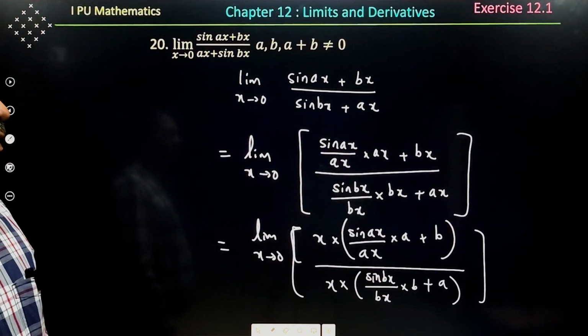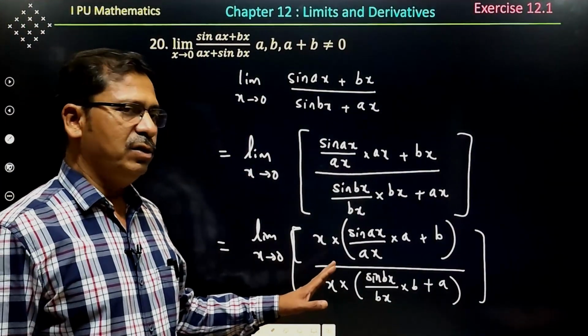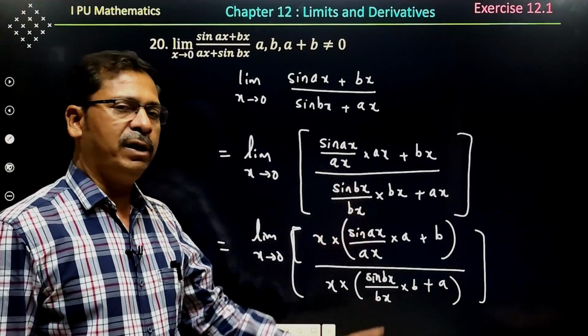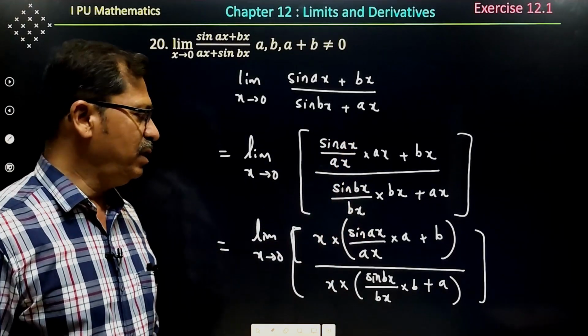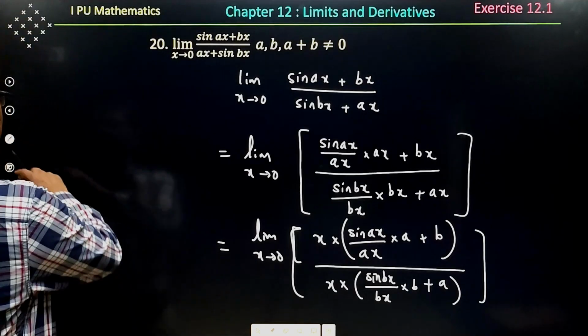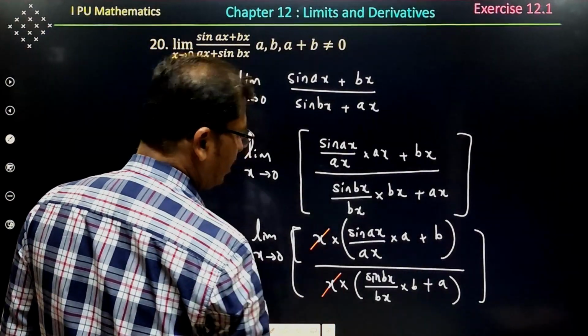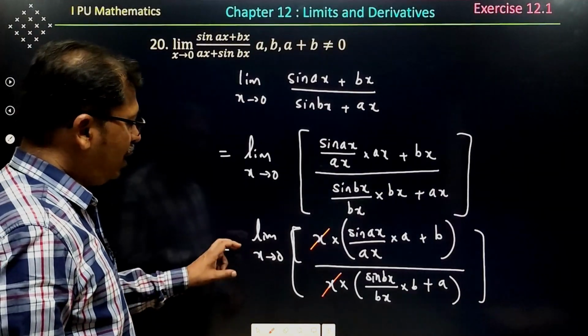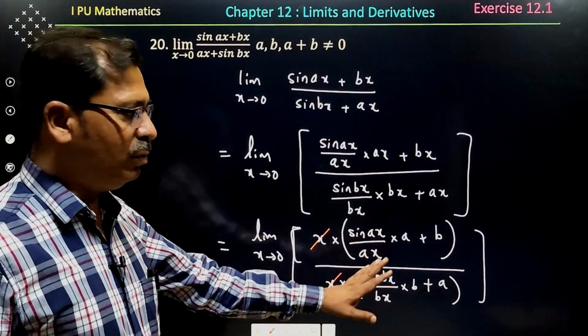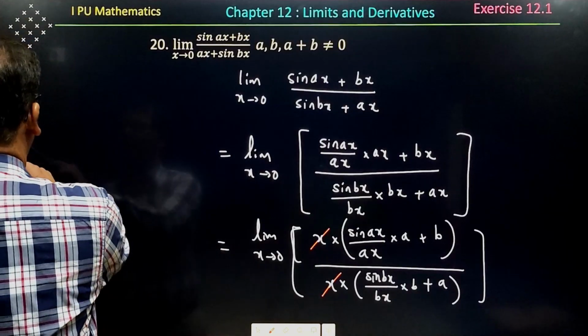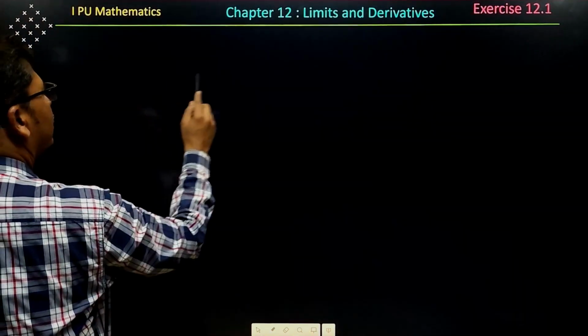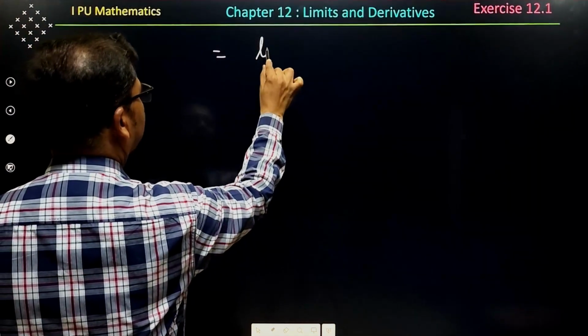If you have any doubt at this stage, please tell me. From both numerator and denominator, I have taken x common. At this stage, it is time to eliminate x from both numerator and denominator. And now you apply the limit to both numerator and denominator. By applying the limit, see what happens.